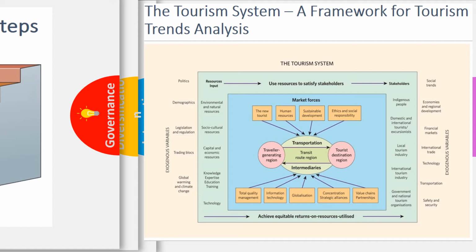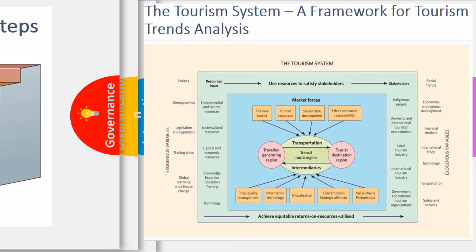Here you've got the traveller going from their home where they currently reside, and then the transit mode, whatever that transit mode is, by car, by train, by sea, by plane, and then you have the tourist destination region. So you have this whole process here, and then you have the different types of transportation.